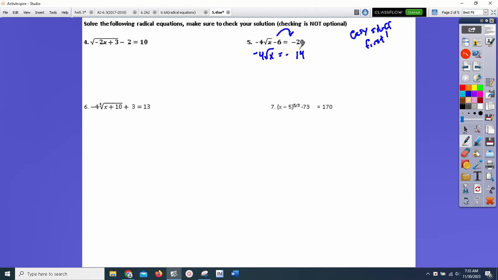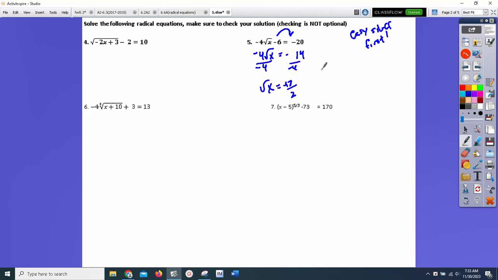This thing's not pretty, is it? We're going to divide out the negative 4. Root of x is 7 over 2. Sorry, that was a negative over negative, positive 7/2.